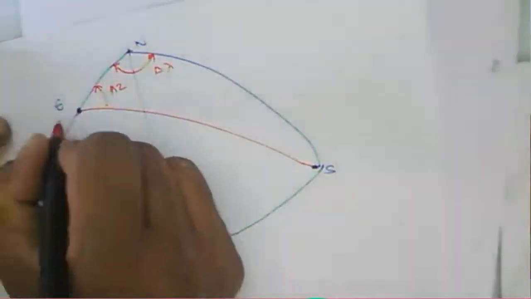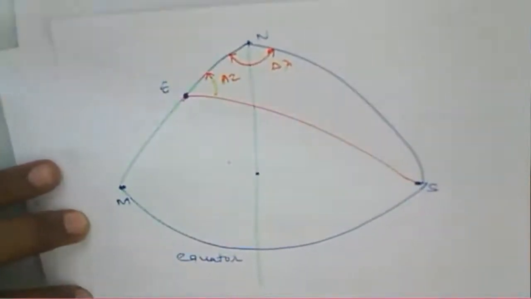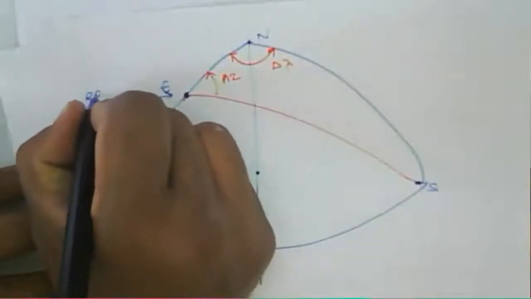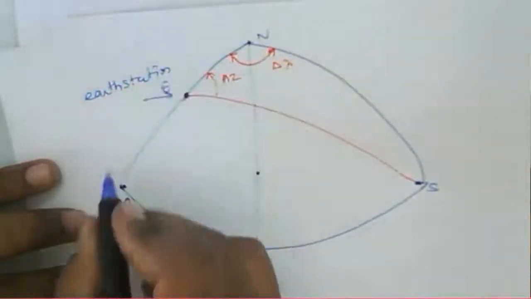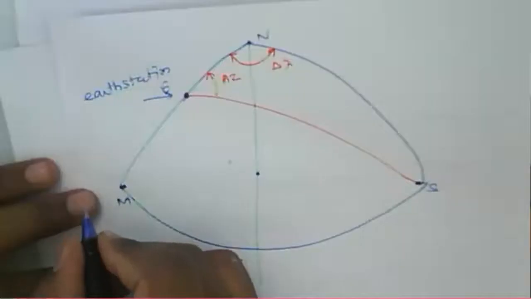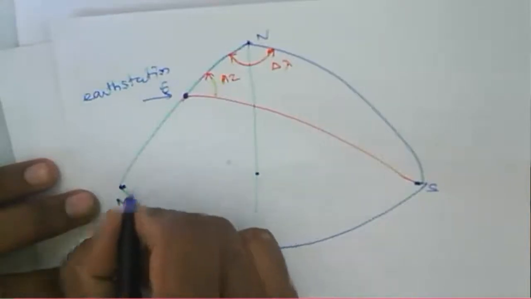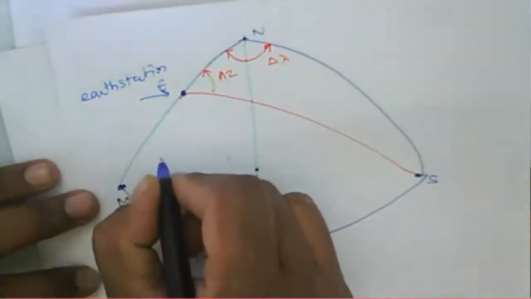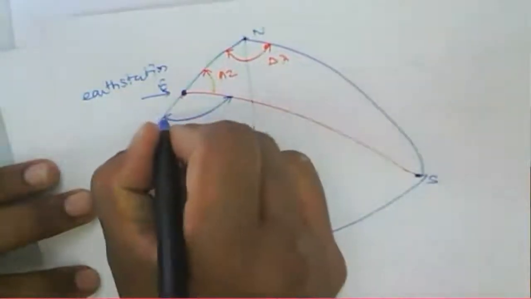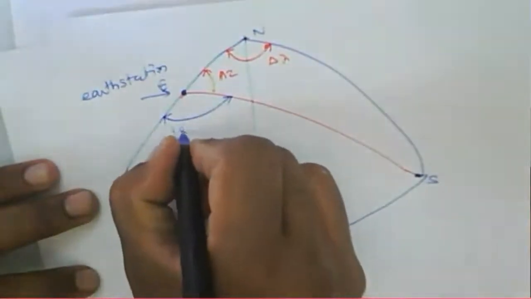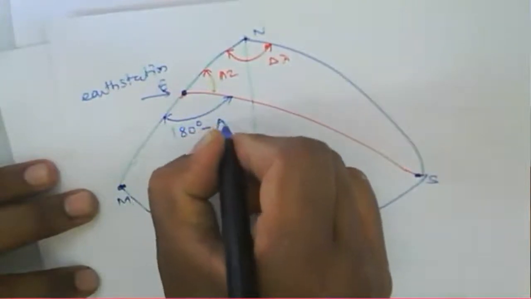So this point E is called the earth station, and from this earth station toward the subsatellite point, this particular point M on this equator here, we get this particular angle, which is called 180 degrees minus the azimuth here.